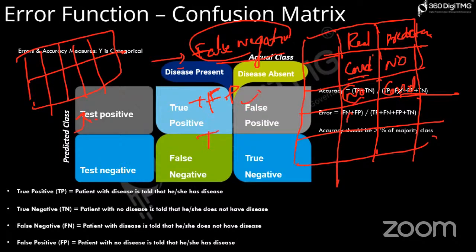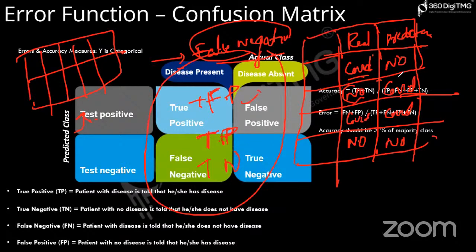You have COVID and it is predicting that you have COVID: that is true positive. When you don't have COVID and it is predicting you don't have it, that is true negative.